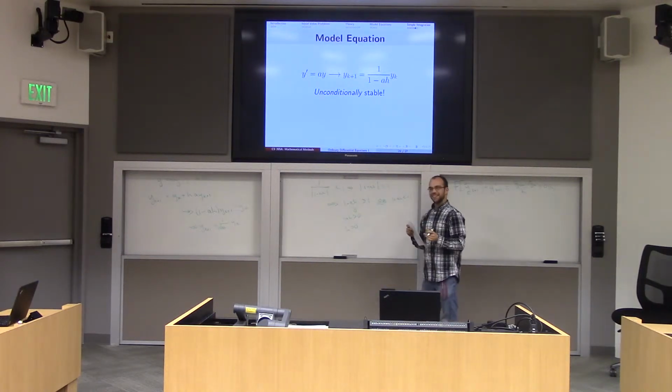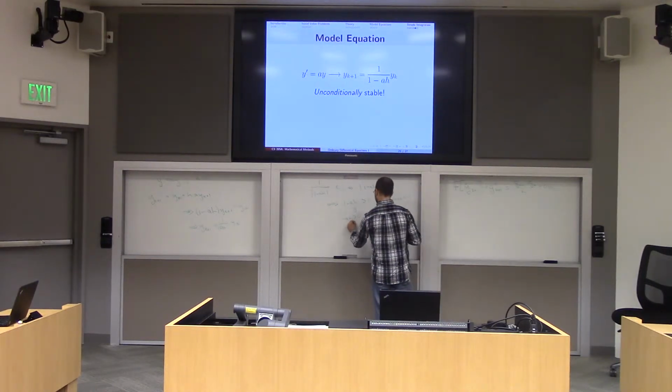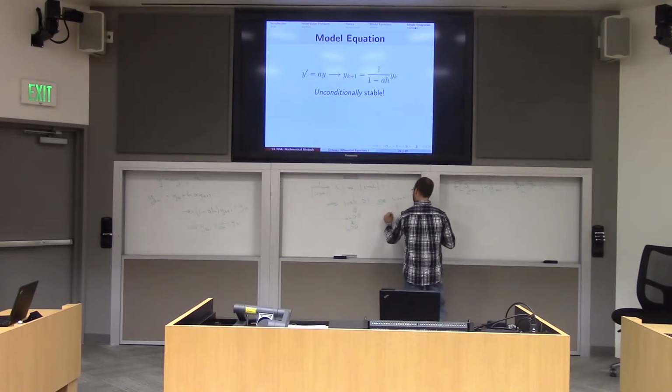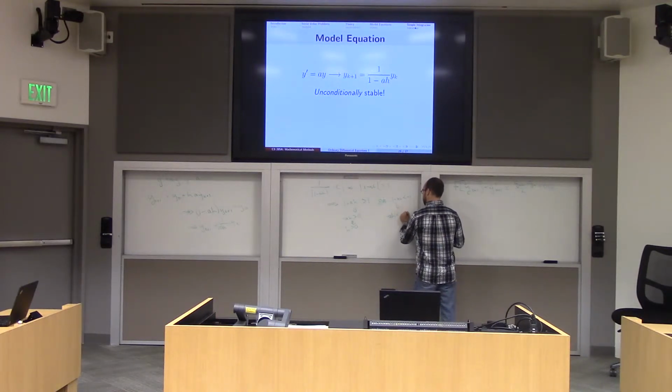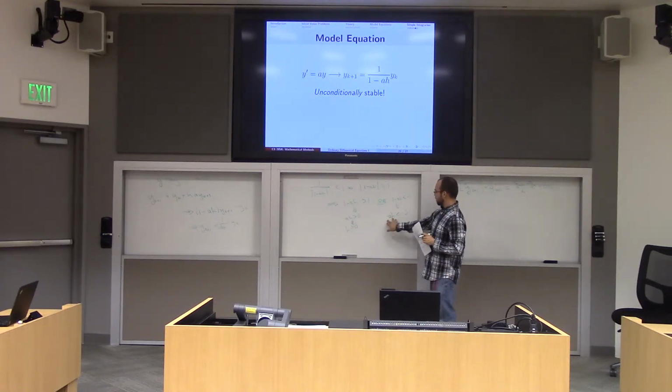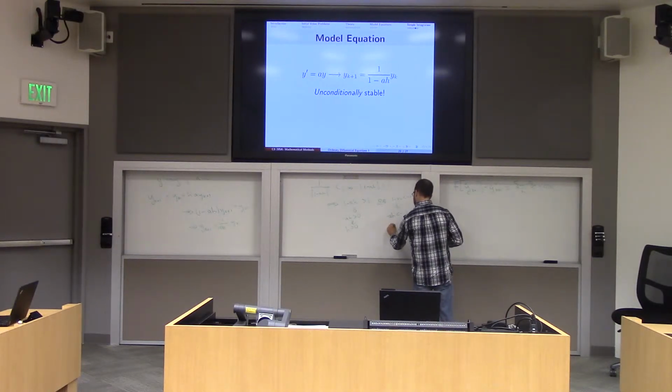Not entirely exciting. In the second case, this says ah is less than minus 2. If I multiply both sides by minus 1, the inequality flips. If I divide by a, the inequality flips again because a is negative. So this says that h is less than or equal to 2 over a.